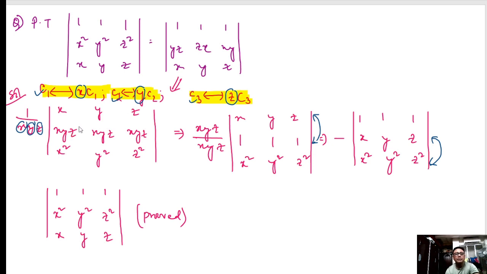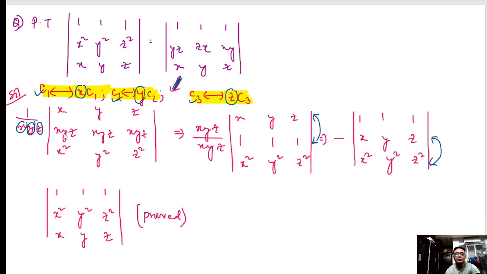Okay, so now first column, if you multiply by X, it becomes X. Okay, so what we are doing is we have taken this matrix. We are multiplying the first column with X, that means this column with X. So what will it become?